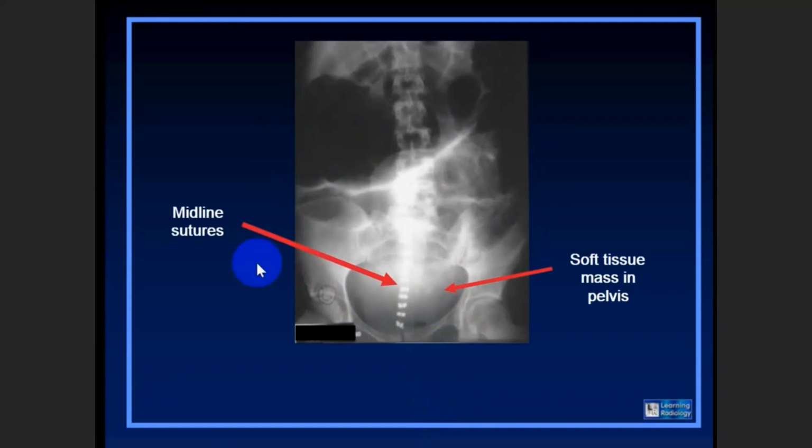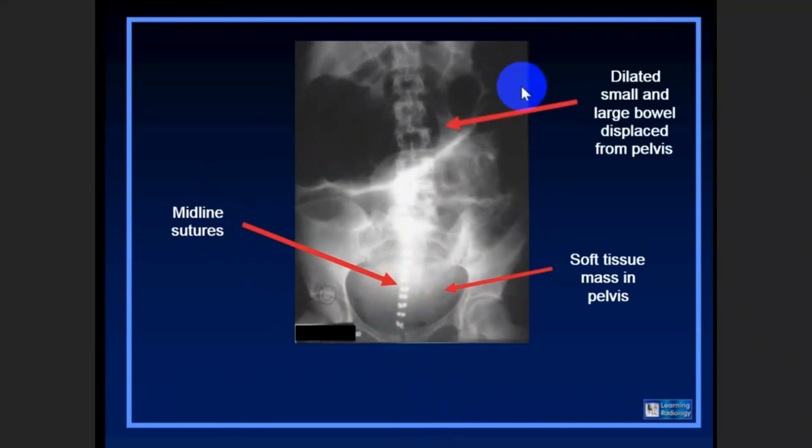And here we have the midline sutures, dilated small and large bowel displaced from the pelvis. Post-operative C-section, adynamic ileus. This is a case of adynamic ileus due to post-operative state. So this is generalized ileus, because we have said that generalized ileus can be due to post-operative cases, like in this patient.